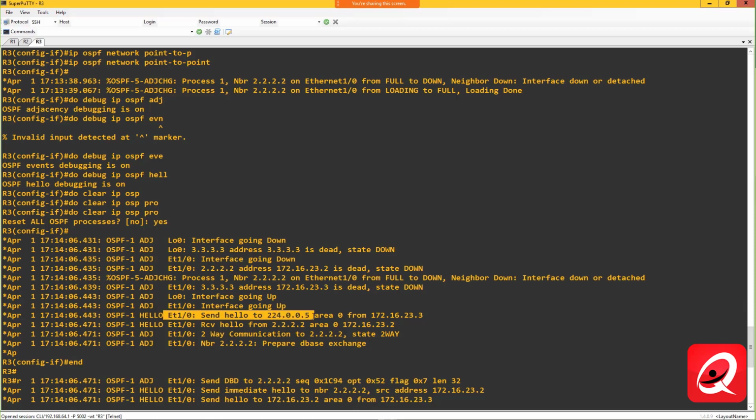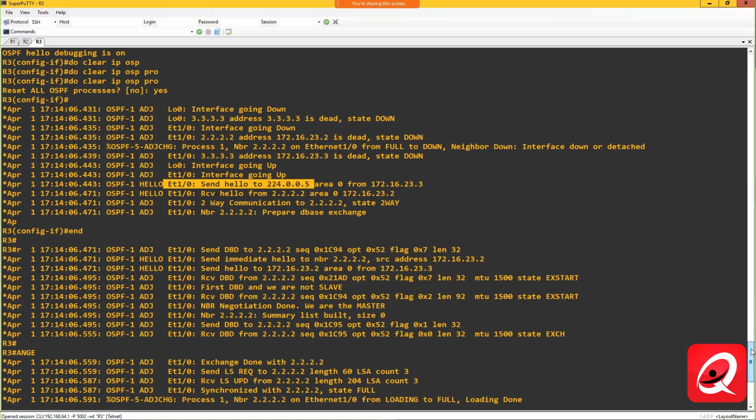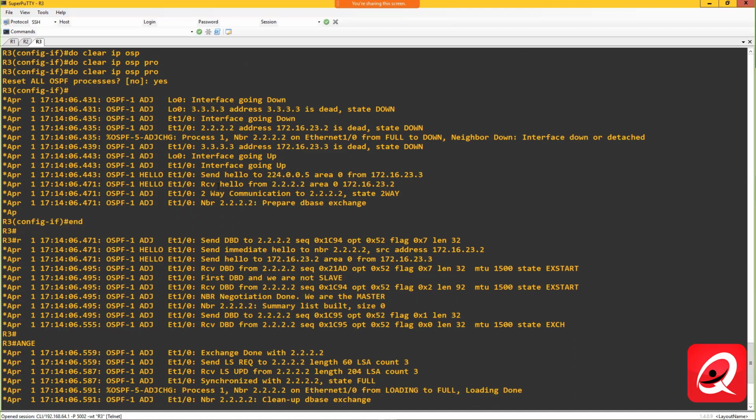I send a hello using multicast, so that's actually a good thing because broadcast networks also use the same multicast address. I receive a hello and I form a two-way adjacency. So this is the example I talked about in the beginning: the routers can still form an adjacency, or at least they can identify each other as neighbors, even if they're not running the same network type.